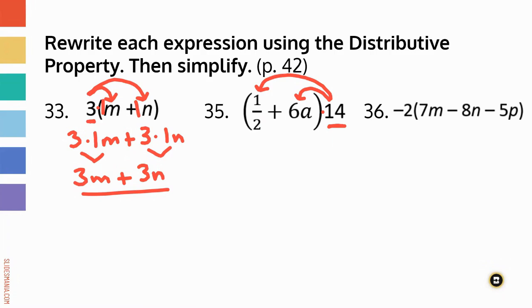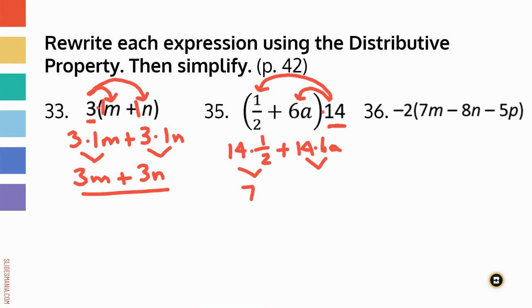Okay, so we're going to take 14 and multiply it by 1/2. And then plus 14 times 6a. Okay, so then 14 times 1/2 is 7.